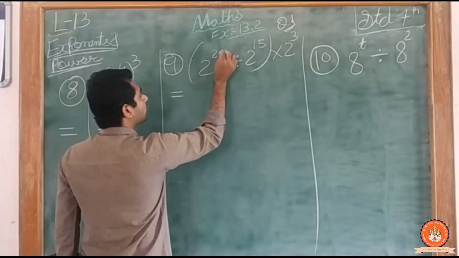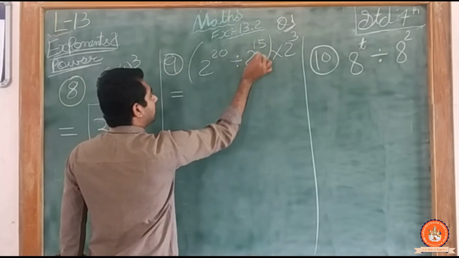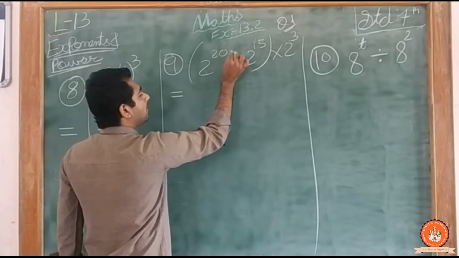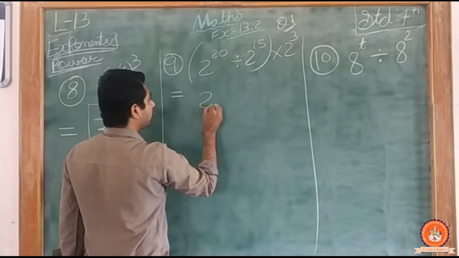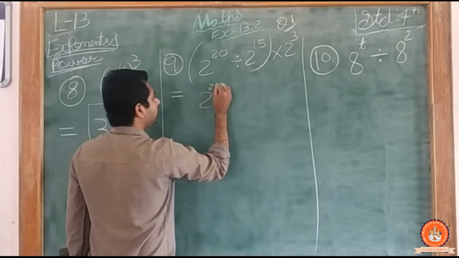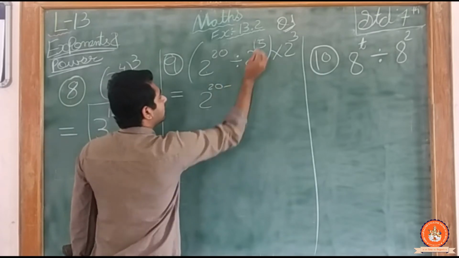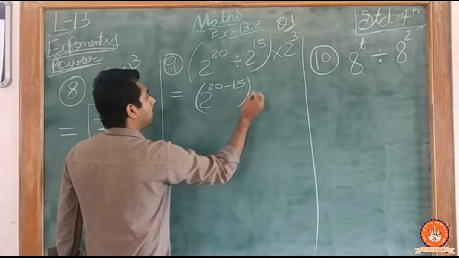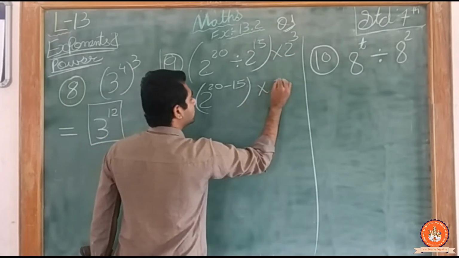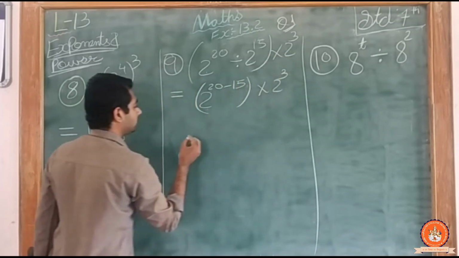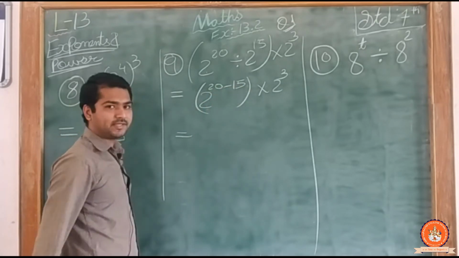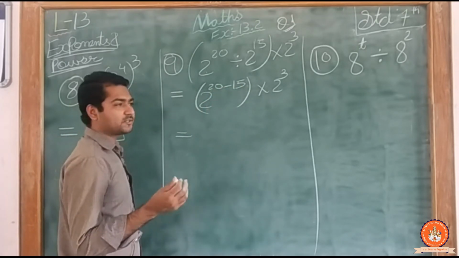Okay, so 2 raised to 20 divided by 2 raised to 15, both the bases are same, the sign is division, so we will subtract. So 2 raised to 20 minus 15, multiply by as it is 2 raised to 3. Clear? Now solve this. 2 raised to 20 minus 15, that means 20 minus 15, that means 5.